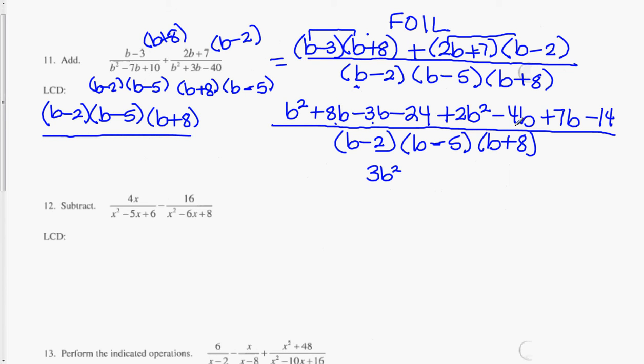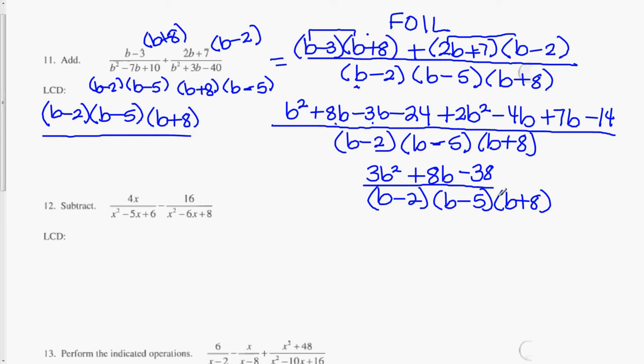Minus another 4b would be 1b. Plus 7 is going to give me, I believe, 8b in all. So plus 8b. And then negative 24 minus 14 is a negative 38. All over b minus 2, b minus 5, b plus 8.